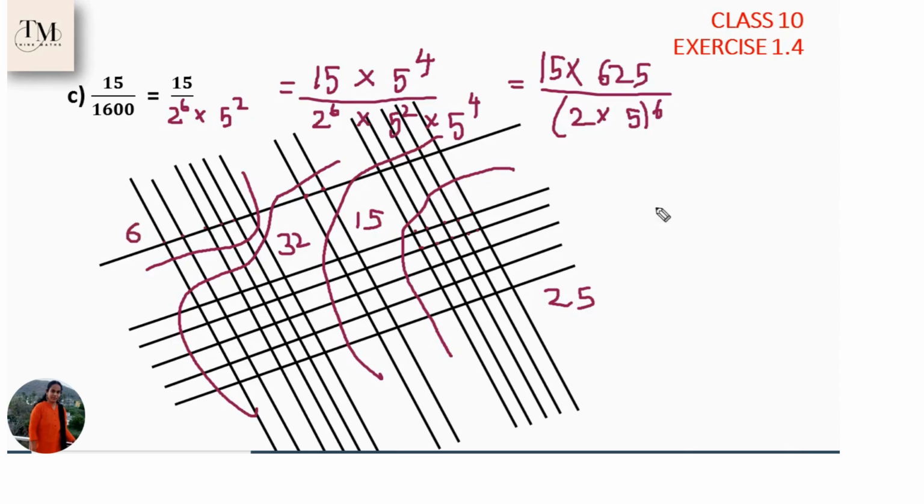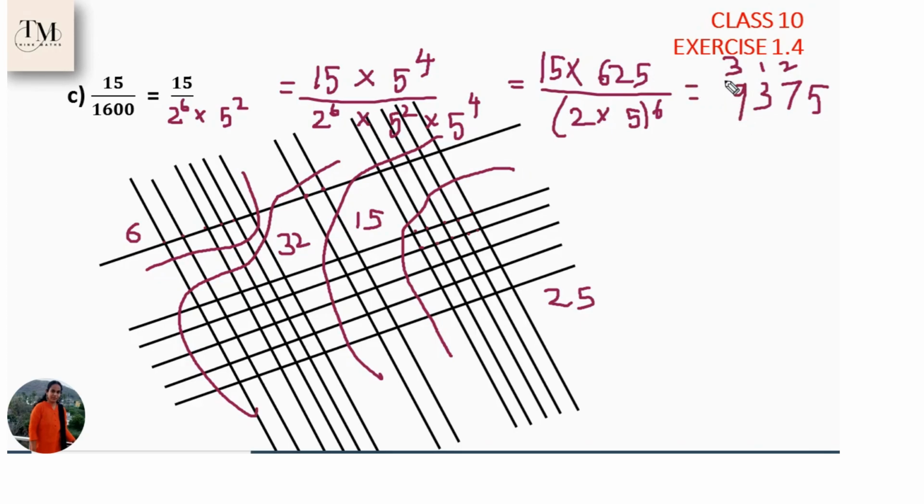Okay, 6 intersecting points. So the answer is, starting from the ones place, for 25 I write here 5, balance will be 2. So 15 plus 2 is 17, balance is 1. 32 plus 1 is 33, so balance is 3. Next is 6, so 6 plus 3 is 9.